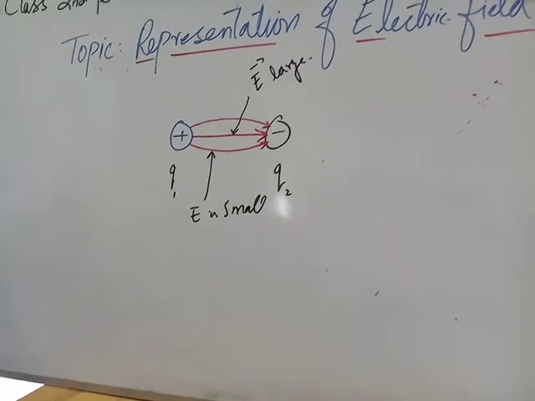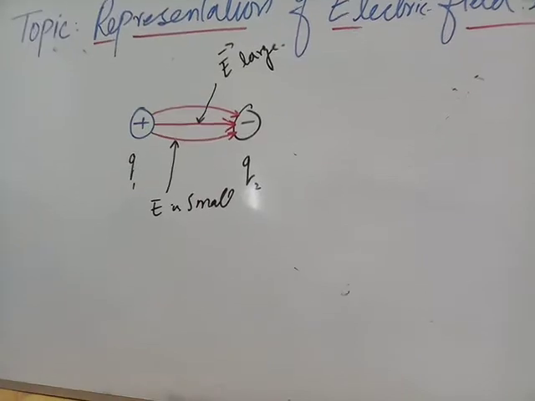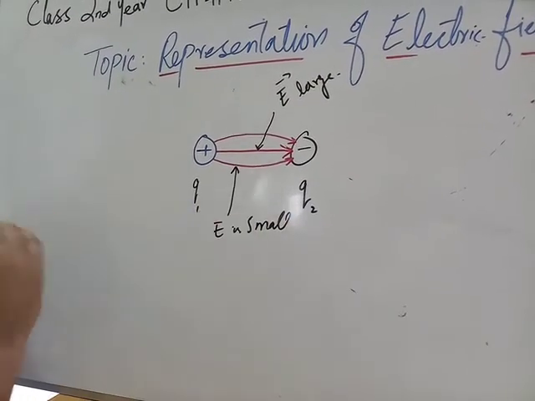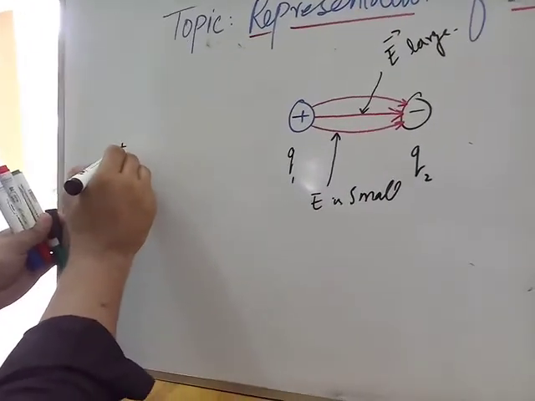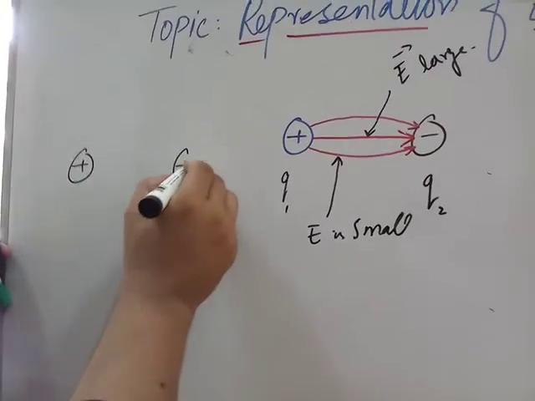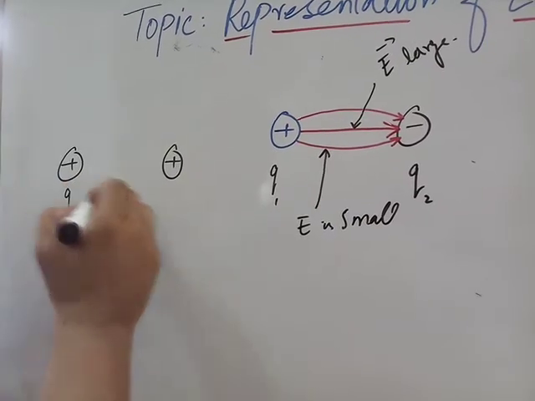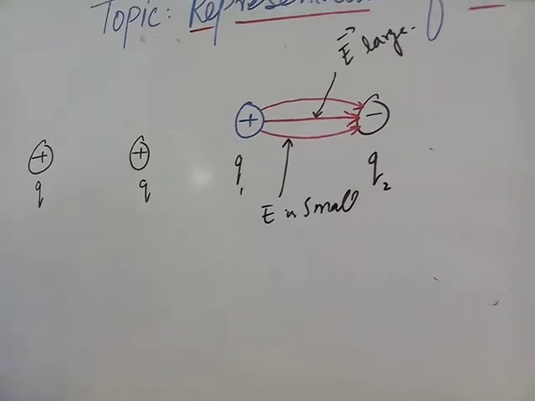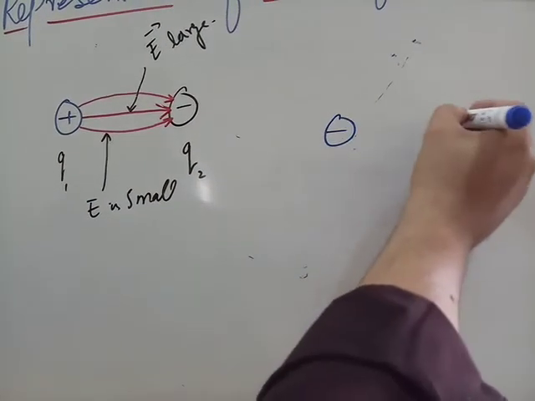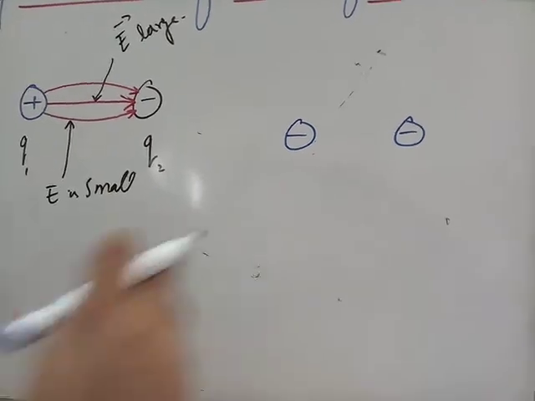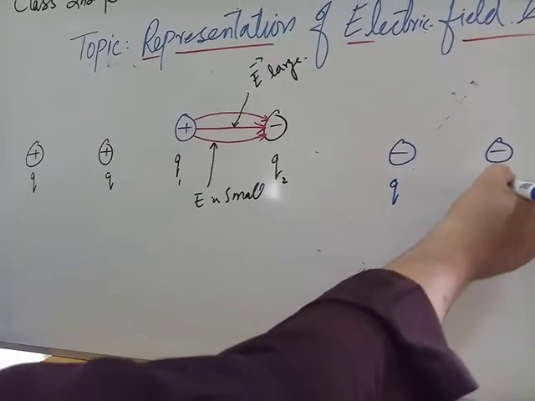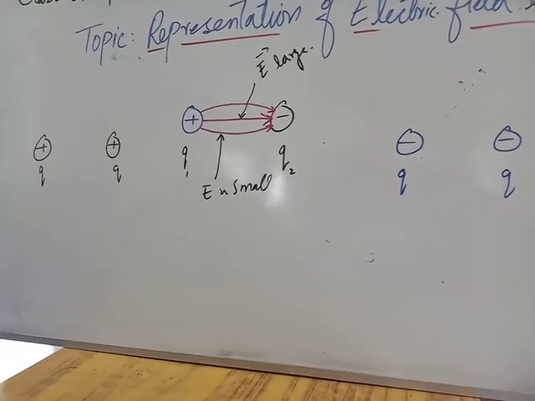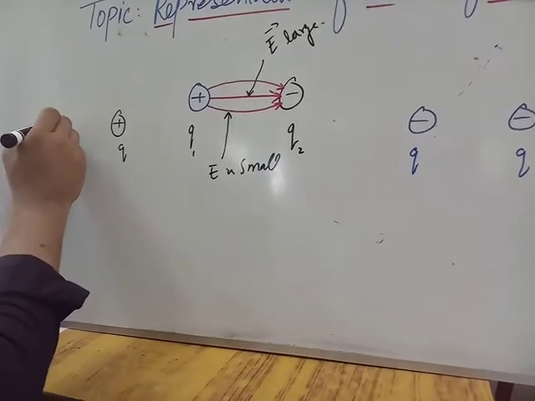So let me explain. This is for opposite point charges, and now if I represent the same point charges, these two are the same, Q and Q. Next we also explain the same negative charges. This is also Q and this is also Q. We explained earlier that electric field lines originate from positive.